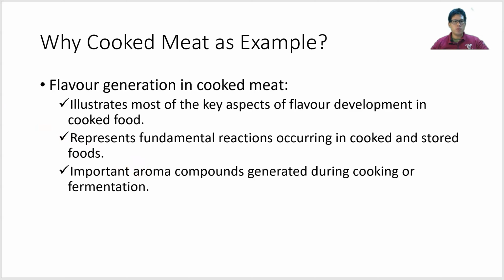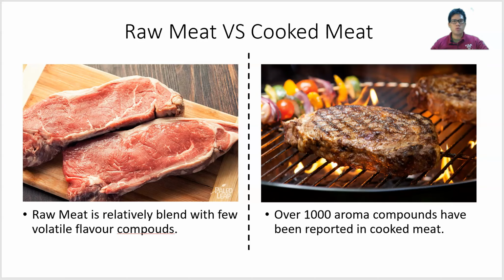Very simple. If we're comparing raw meat and cooked meat, raw meat is bland. I'm not sure whether you have tasted raw meat before. For example, sashimi is a good example that you can eat raw. Usually there's not much flavor, very bland, and of course there are some flavors, but not very strong.